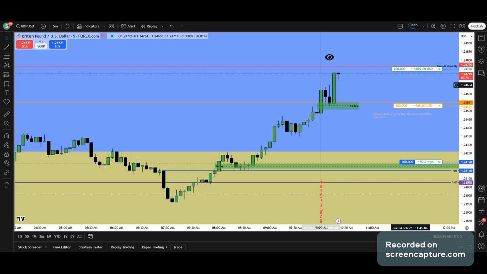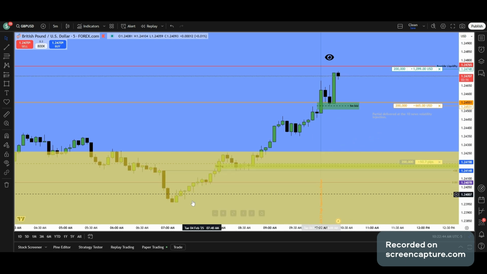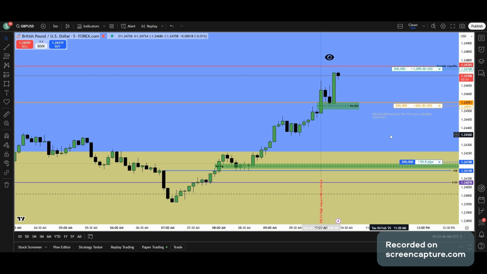And if it doesn't get there by 10:30, I'll turn this one off. I know normally at 10:30, that's when price starts to retrace against the trend that's formed in the morning. So it's 10:22 right now, and I'd expect it to deliver by 10:25, but price is going to do what price is going to do.